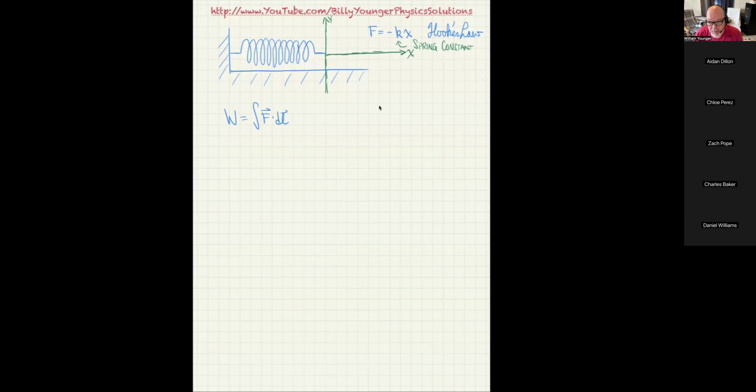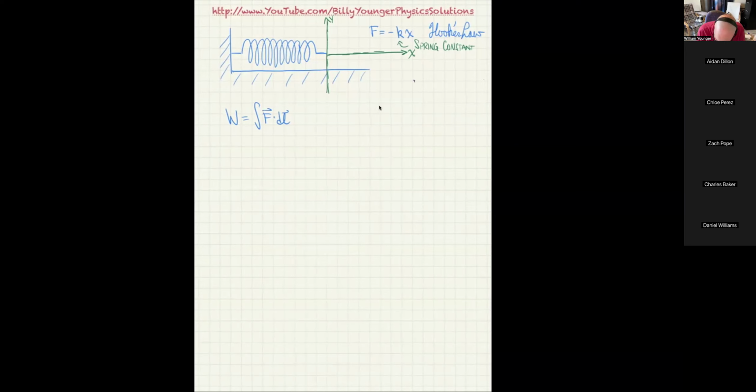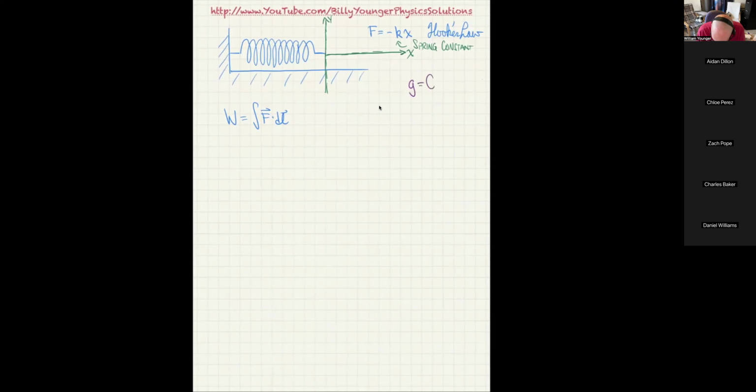If we go back to chapter 6, though, we would realize that lowercase g we found was G times the mass of the Earth divided by the radius of the Earth squared. And it's really the radius of the Earth, but that's only at the surface of the Earth.